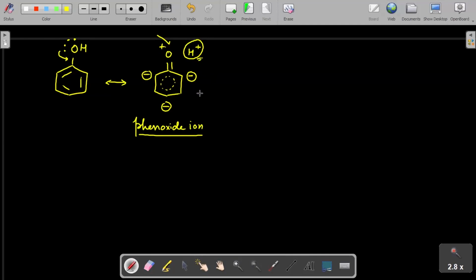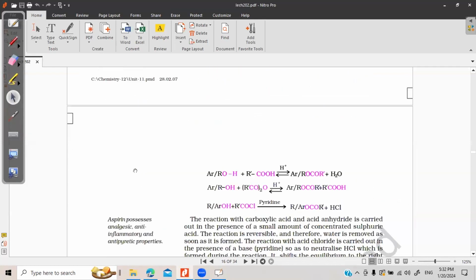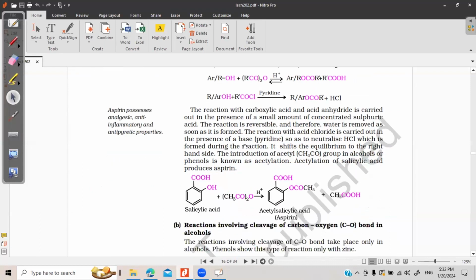Phenol is quite a good acidic molecule, but it is not that strong that it reacts with sodium bicarbonate. Remember this. It is acidic, but not that acidic. Right? Now, let us go with the esterification we studied with acid anhydride and acid chlorides.